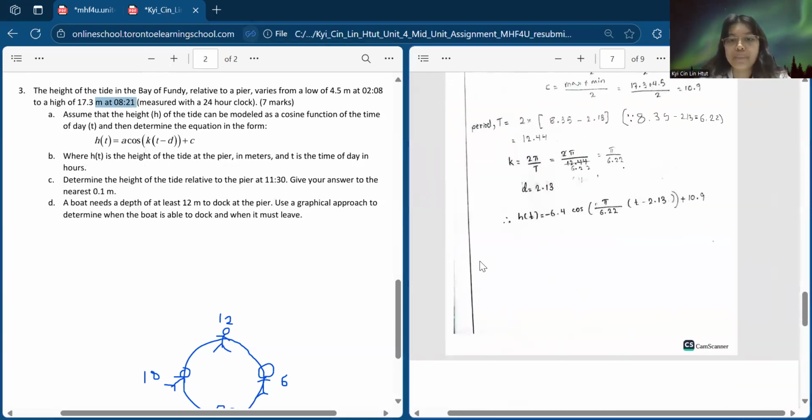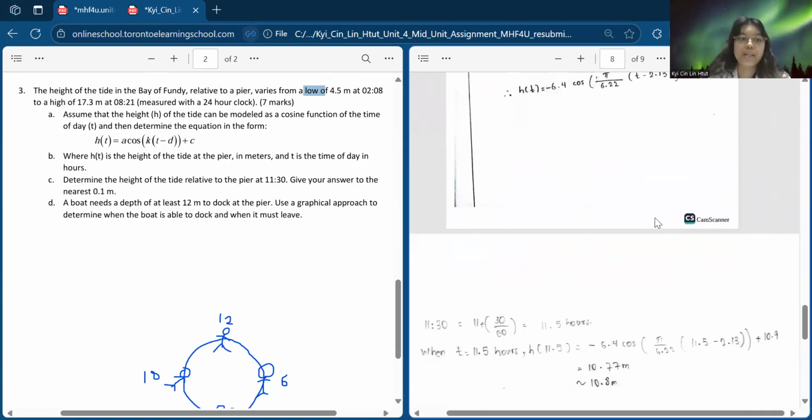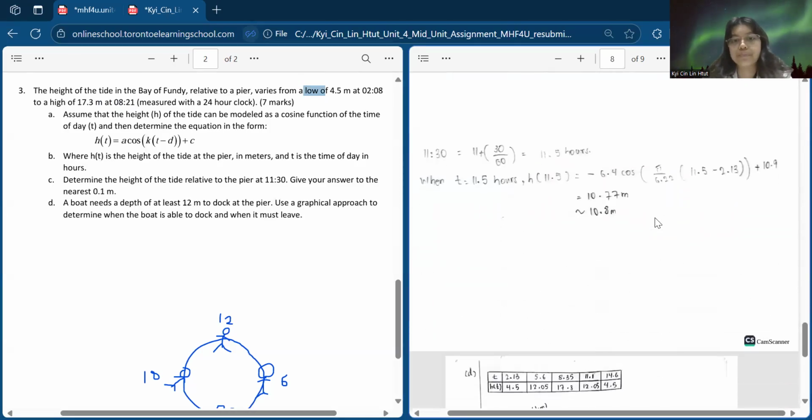And from here, I get the equation for it, but like I said, cosine graphs have to start at the maximum, but I started at the minimum, so I added a minus in front of the A, and I substituted 2.13 into the D. That's how I get the equation.